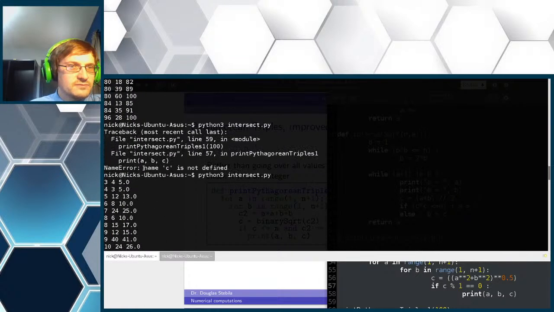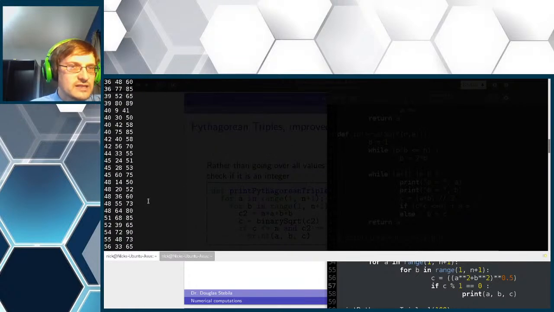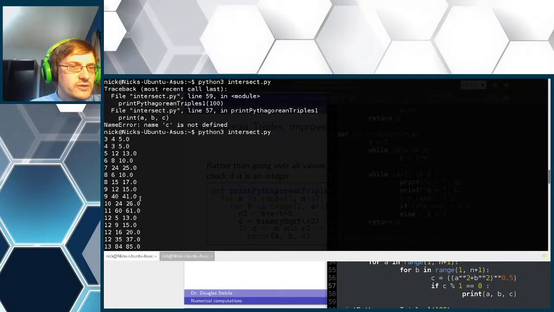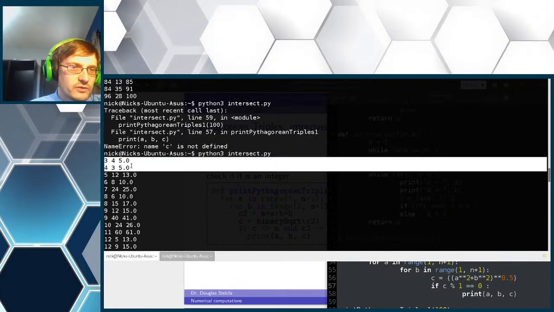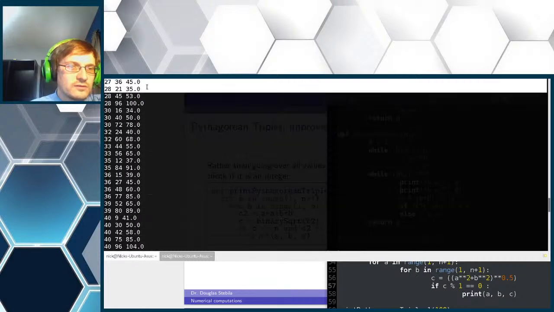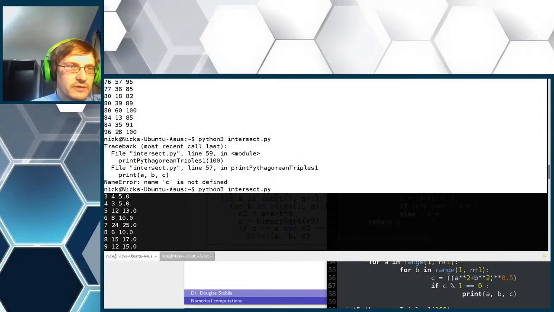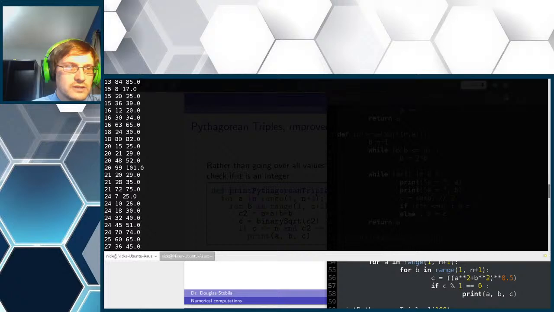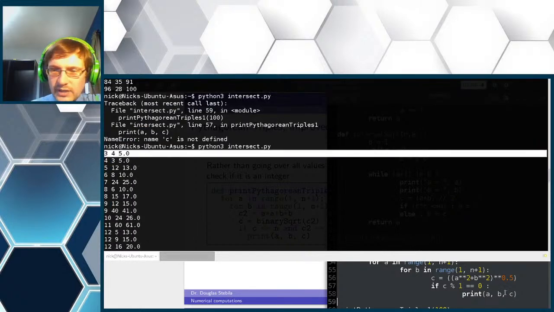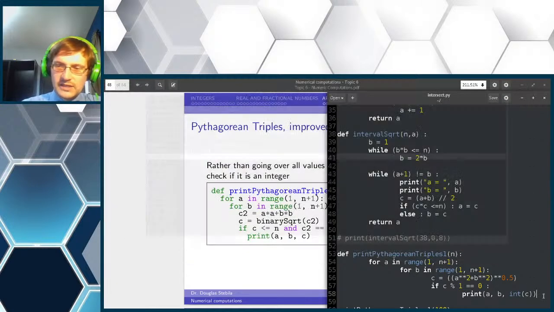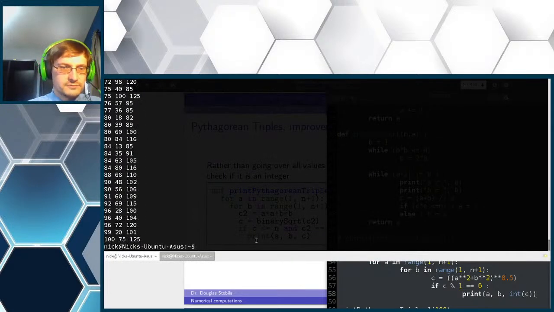So we'll notice that we get basically the same values that we got before. The only difference, of course, is that this last number is a float now. And if we wanted to, we could convert this to an integer, and everything would be hunky-dory. There you go.